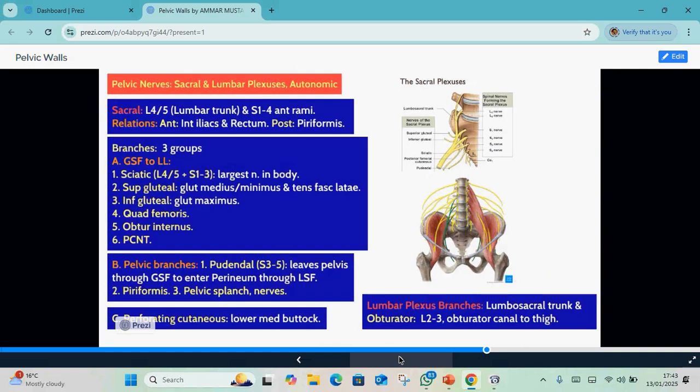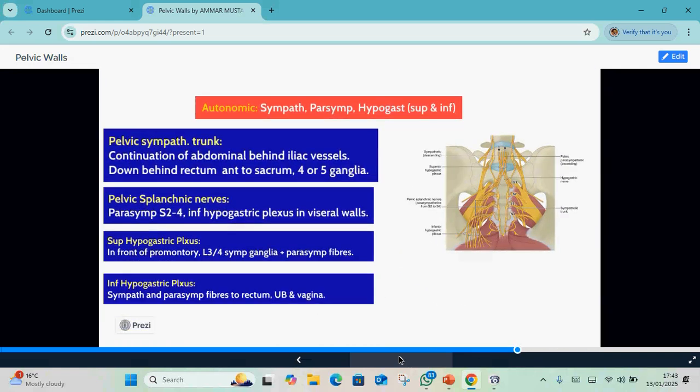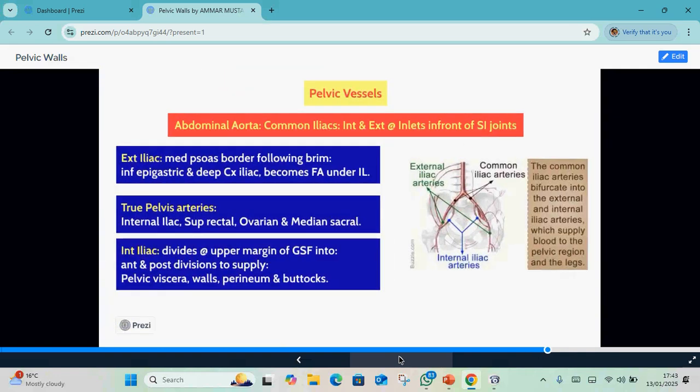Then we moved to nerves. We spoke about the sacral plexus, the lumbar plexus, the autonomic nerves, sympathetic trunk, and the parasympathetic autonomic nerves. Then we moved to pelvic vessels. We have spoken about the common iliacs dividing into internal and external iliac vessels.